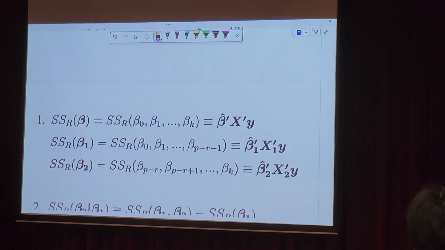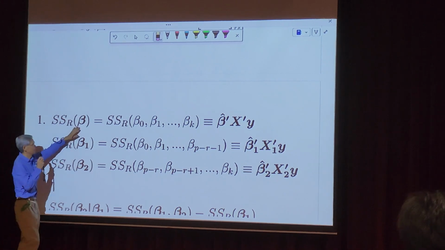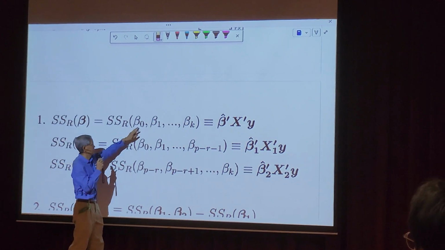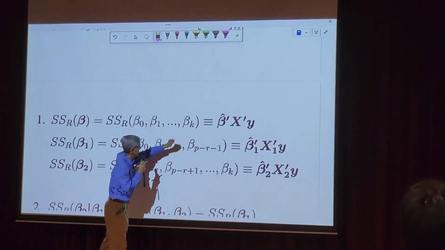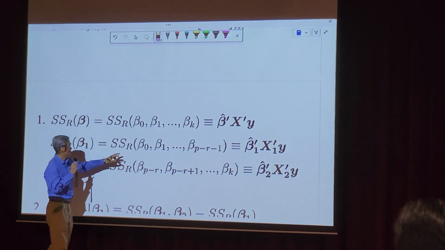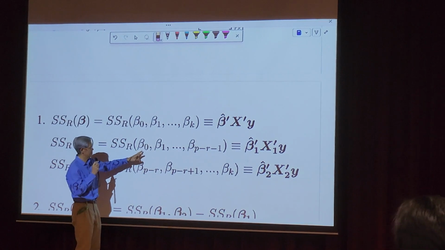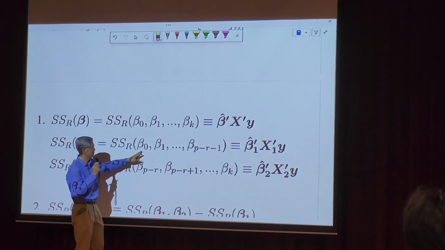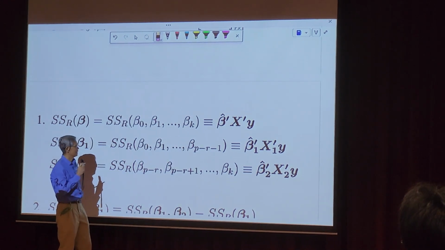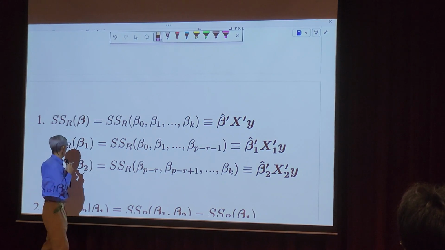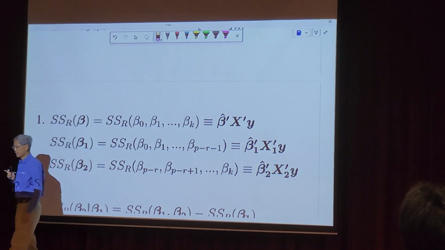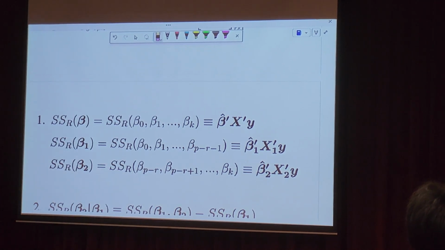This one. So SSR beta, when I expand it, it means beta naught, beta 1 up to beta k. Now beta 1 comprises the first p minus r regression coefficients. So it's beta naught, beta 1 up to here. And beta 2 is the same. Alright?